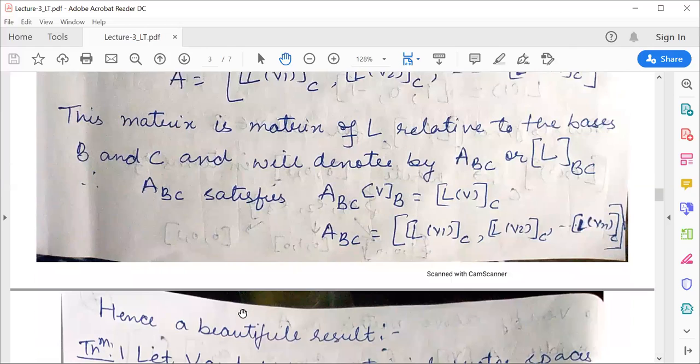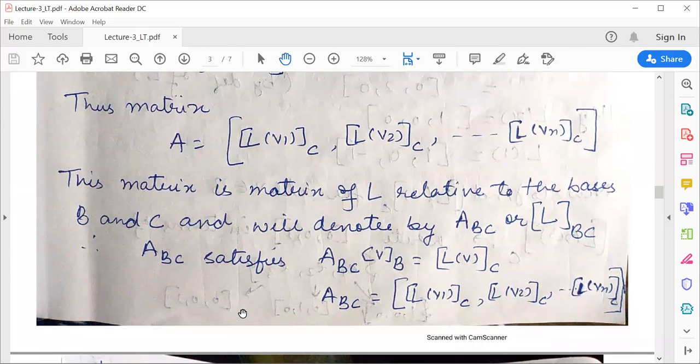So basically, if you want to find ABC, there are two ways: one by using this equation, another by using this equation. If you have to find ABC directly, for the elements of V, which belong to your vector space V, because my linear transformation is from vector space V to W, then for all the elements of my basis of V, firstly we will calculate the images of these elements under the linear transformation.